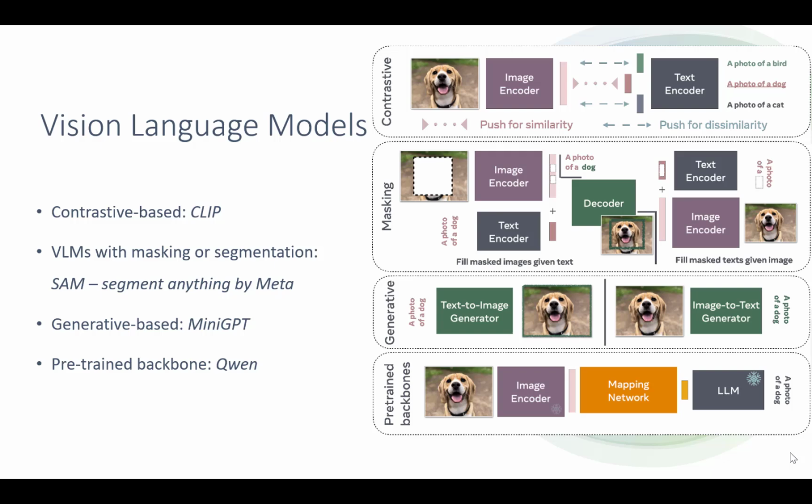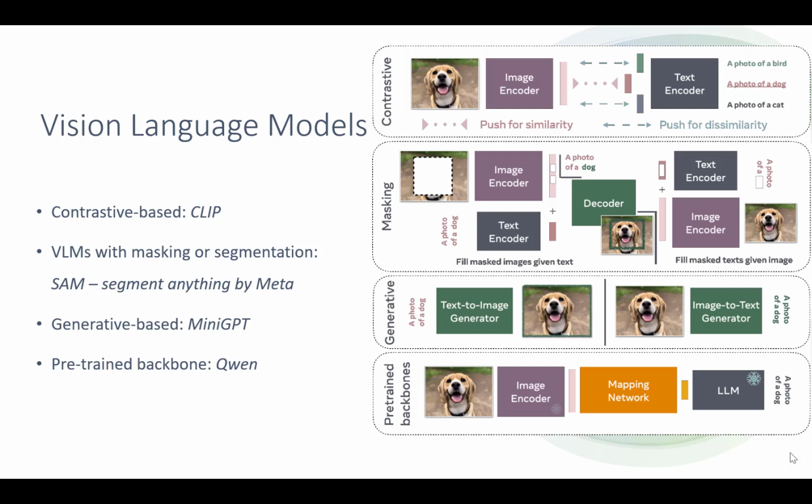The first one is contrastive-based or contrastive training. It's a commonly used strategy that uses pairs of positive and negative examples. The VLMs are trained to predict similar representations for the positive pairs while predicting different representations for negative pairs. On top of that, the first part of that image actually displays how it works.